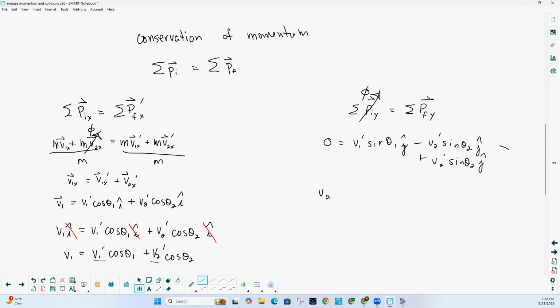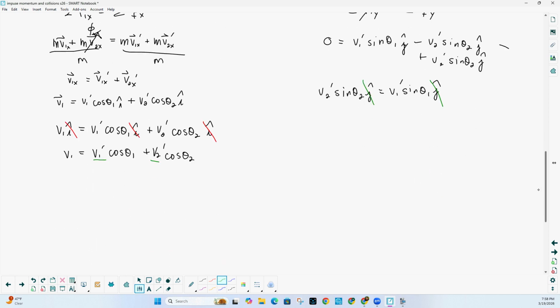And I end up with v2 prime sine theta 2 j hat is equal to v1 prime sine theta 1 j hat. Notice that the j hats can be canceled out. It could have been done up here as well. So now I have my two equations with my two unknowns. Here I have v1 and v2. Here I have v1 prime and v2 prime, the same as here.